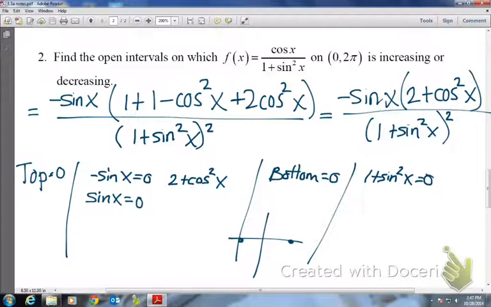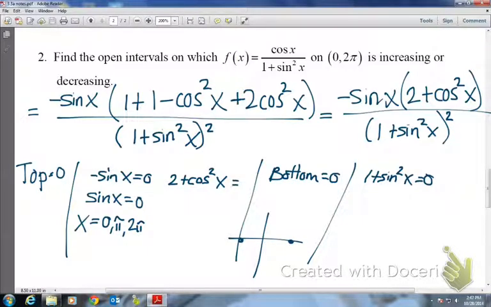We won't count 0 because it's not included on the interval, but we will count pi. So at pi, actually we will count 0. 0, pi, and 2 pi. Now you're going to notice that we don't actually need to include 0 and 2 pi so much, but I'll talk about why in just a minute.